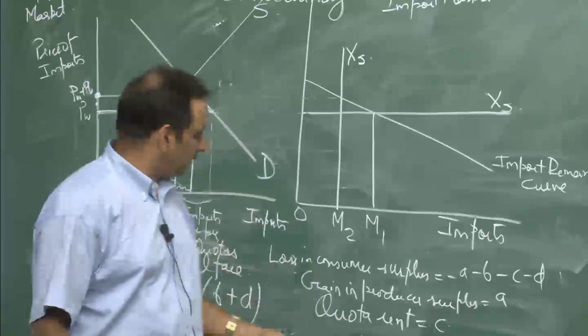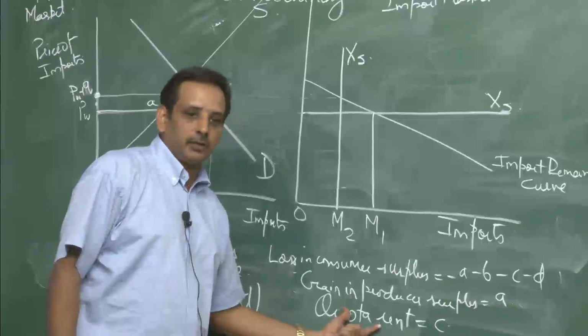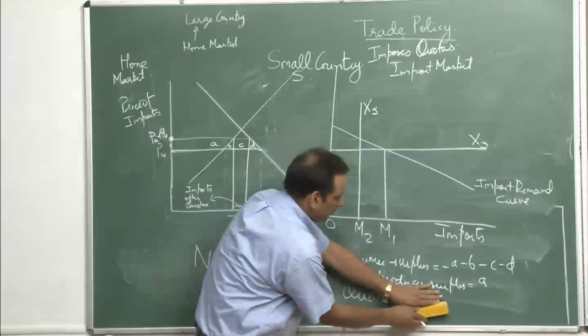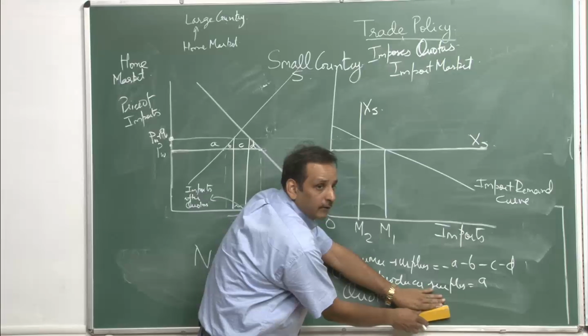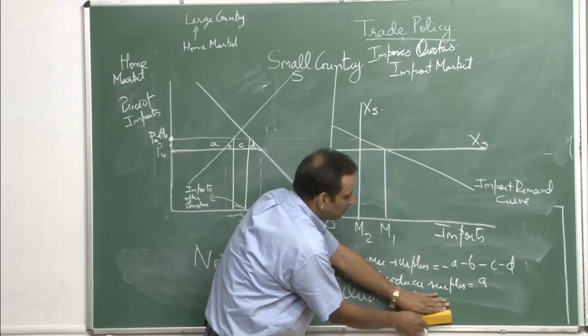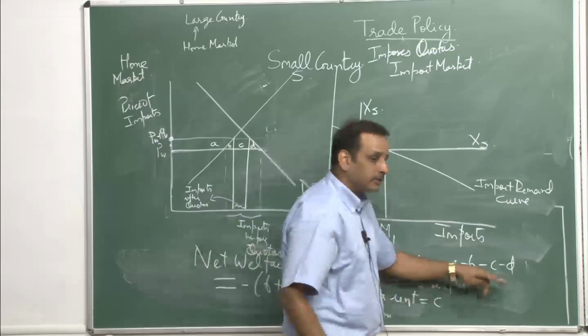So, in that sense, this quota rent can be lost in the corruption.